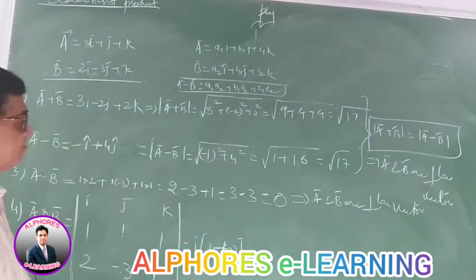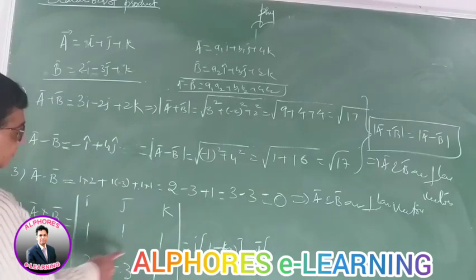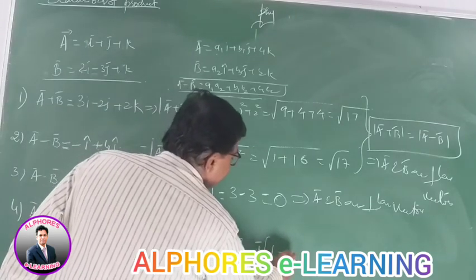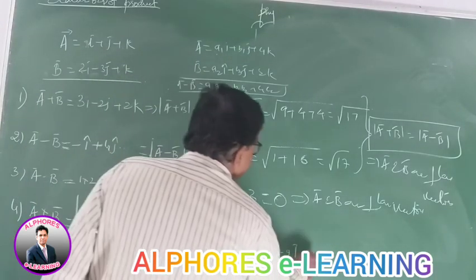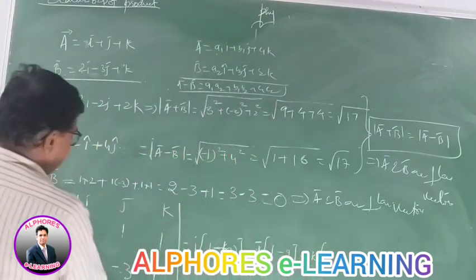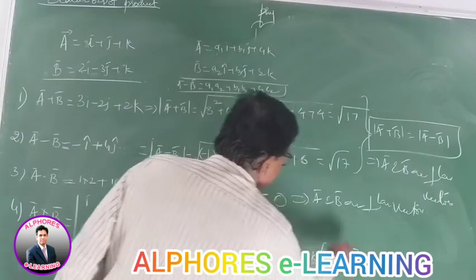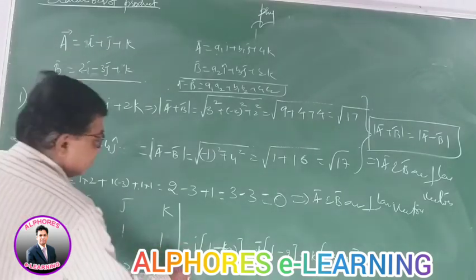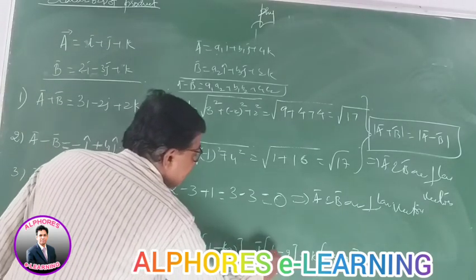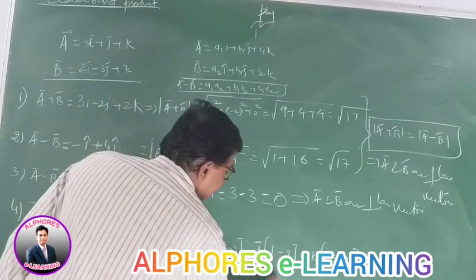Next, minus j times 1 into 1 minus 2 into 1, which is 2. Similarly, plus k times 1 into minus 3 minus 2 into 1, which is minus 3 minus 2. So combining, it's 4i minus j minus 5k.